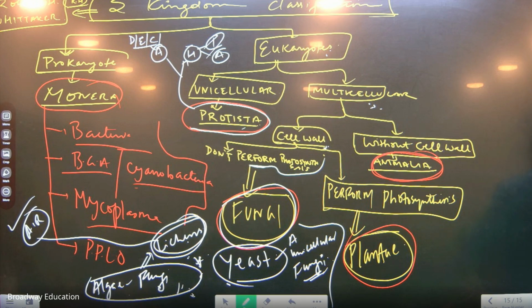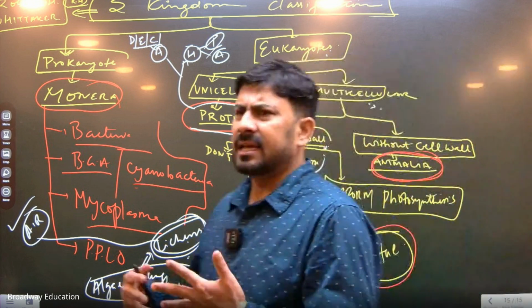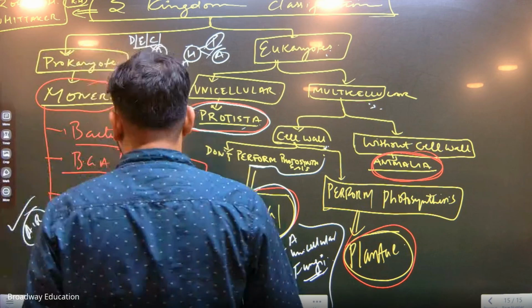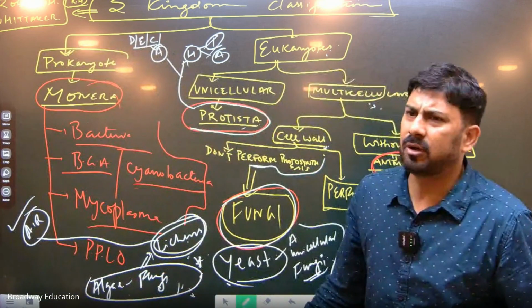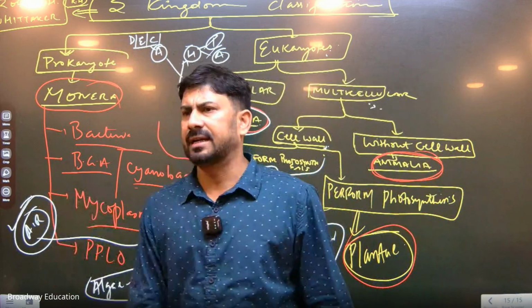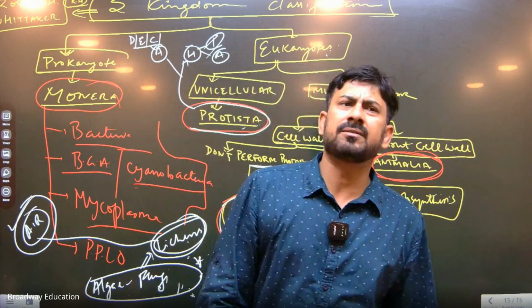Symbiotic means you give me food, I will give you protection. So, algae and fungi have a symbiotic relationship with each other, and both the parties are mutually benefited. And lichens are also regarded as very good environmental pollution indicators, particularly air pollution indicators. Is this part clear with everyone?